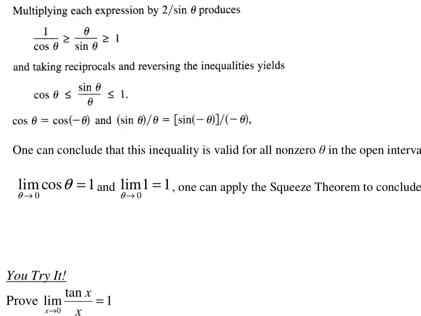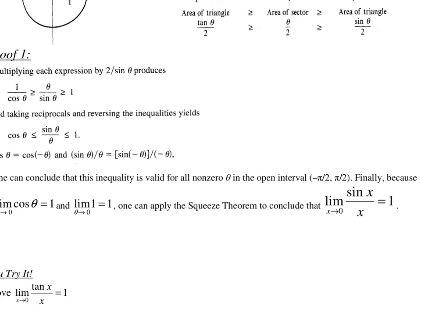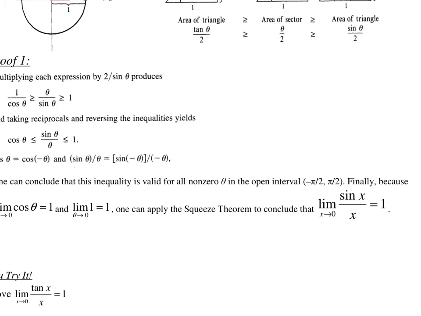So, based on the squeeze theorem, the limit as x approaches 0 of sine of theta over theta, or sine x over x, is 1. Since those both squeezed it in to 1, we know that the sine x over x has to go to 1 as well.